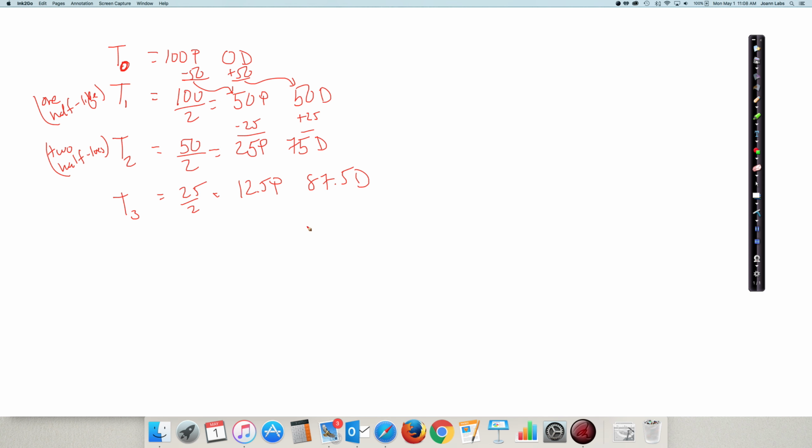You can keep doing this, going down, down, down, until you get the half-life you need. So basically, it's the proportion of daughter to parent isotopes that you're looking for.